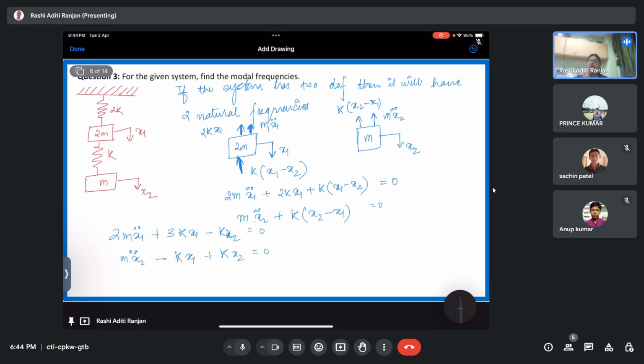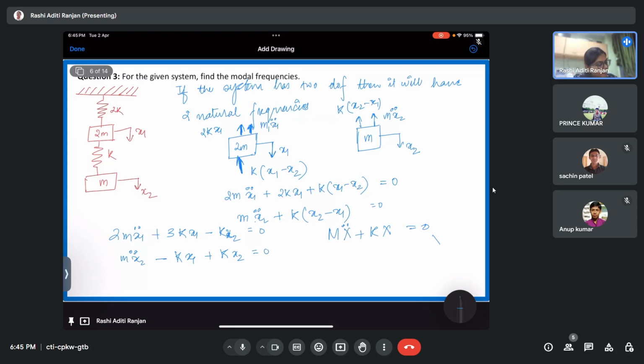Now, if I have some equation in this form, I can write it in matrix form, correct? How can I write it? I can write it something like M x double dot plus K x equals 0, where capital M and capital K are the mass and stiffness matrix. So what would my matrices be?